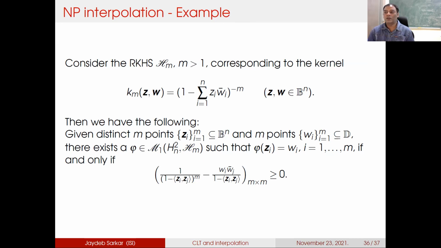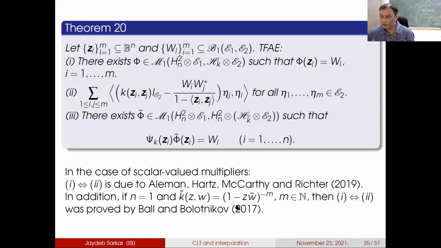And this is all about interpolation from the concrete analytic space point of view. And I'd like to conclude with one note: this result of Ball and Bolotnikov is perhaps first along this line. However, there are other papers.